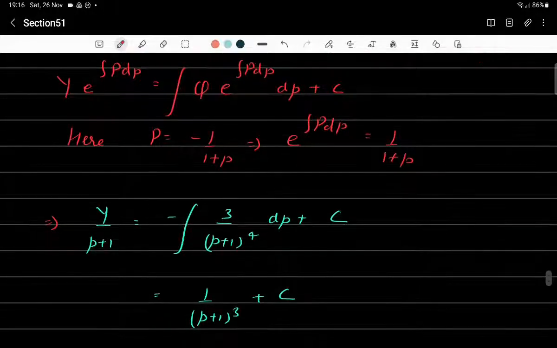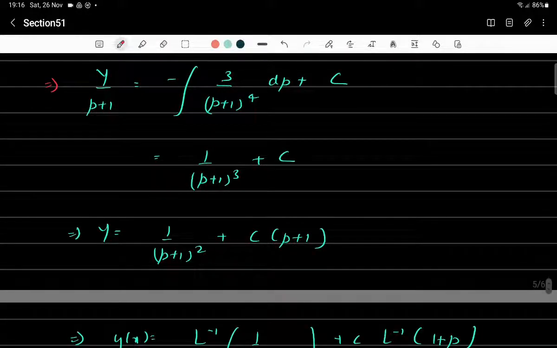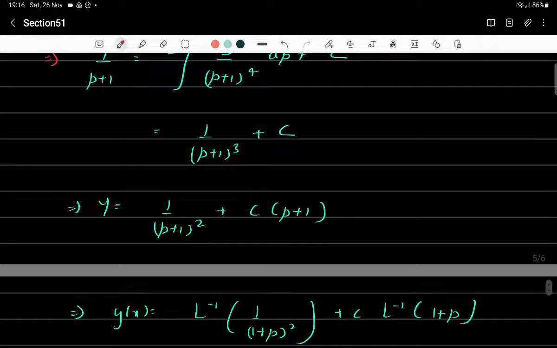So I do the integration and take p plus 1 on this side. Now to have y of x, I should take Laplace inverse on both the sides. Laplace inverse of 1 by 1 plus p square is x e raised to the power minus x, using the exponential function. So this is how it looks.